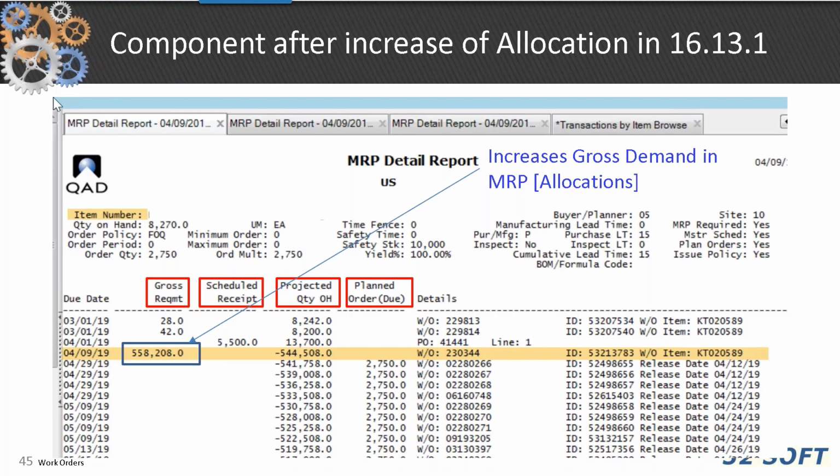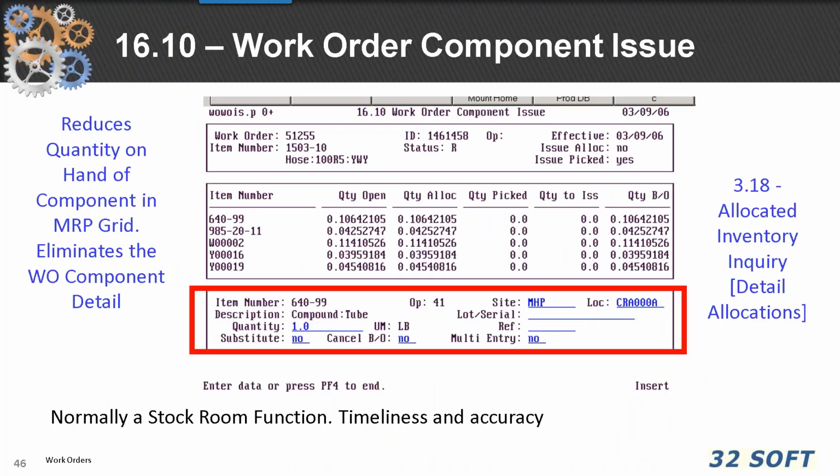The 16.10 work order component issue moves component items from inventory into the work order production order. Inventory transactions occur at different points in the work order process depending on your procedures and methods.